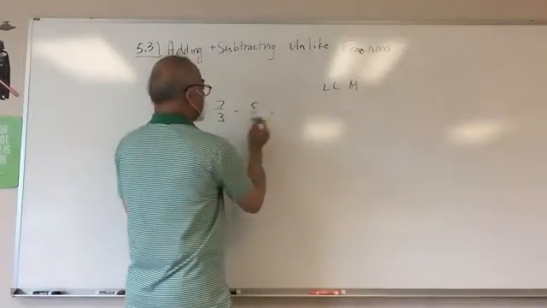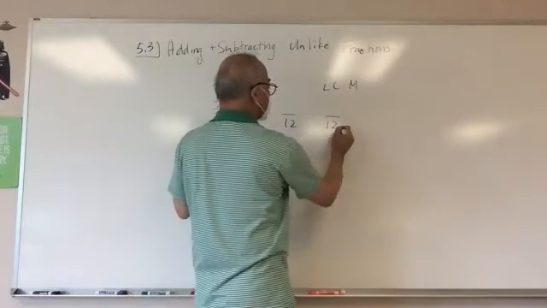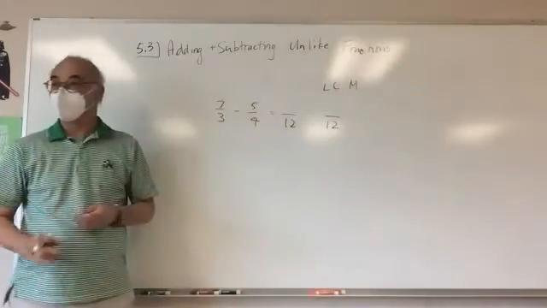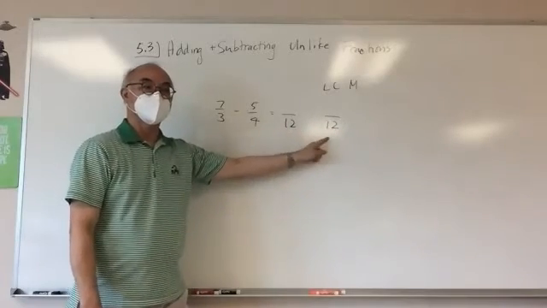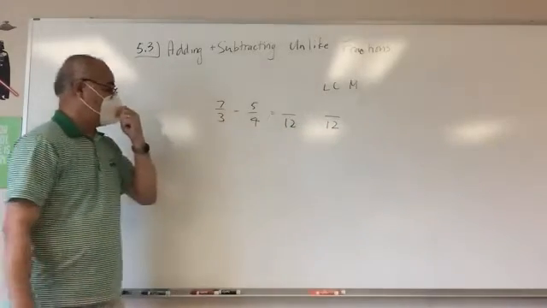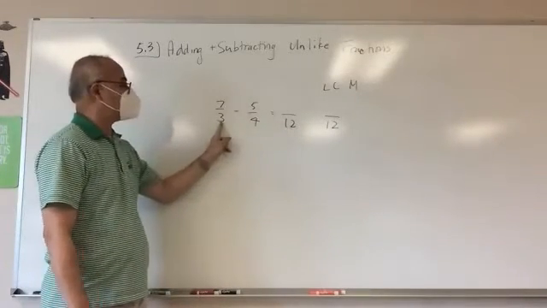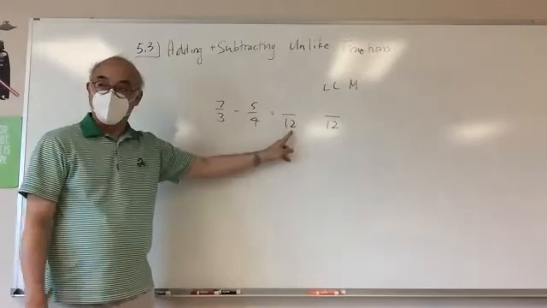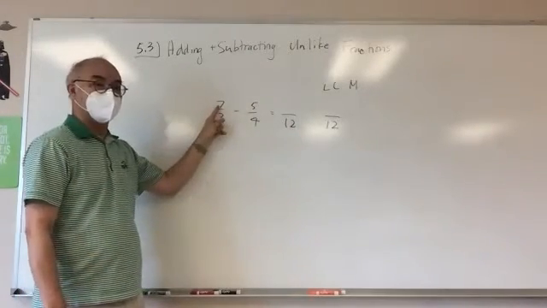So I'm going to have to express both of these fractions in 12s, because then I would have the same denominator. So in order to make this 3 into 12, I multiplied the 3 by 4, which means that I have to multiply the top also by 4.